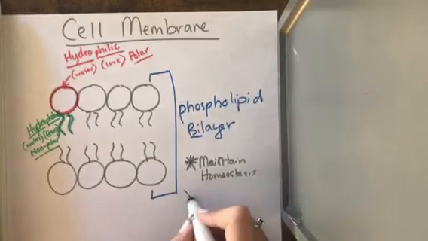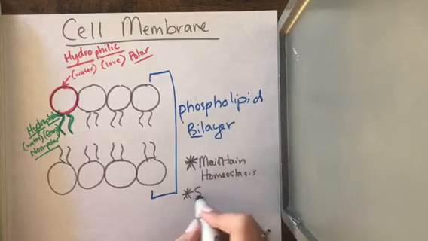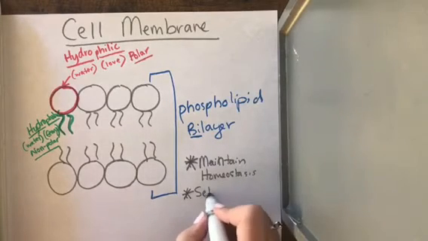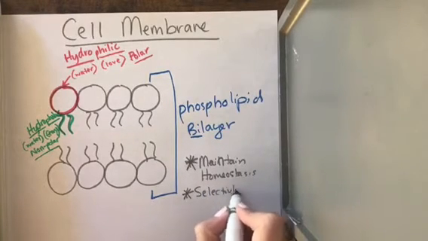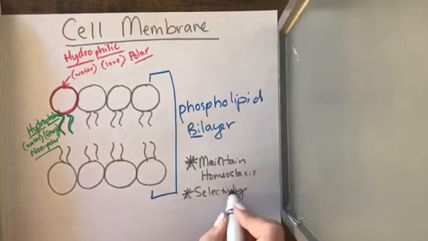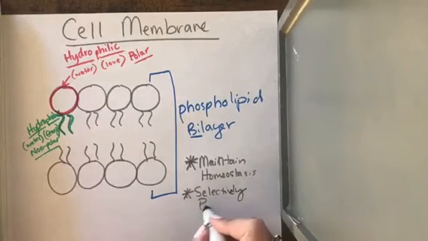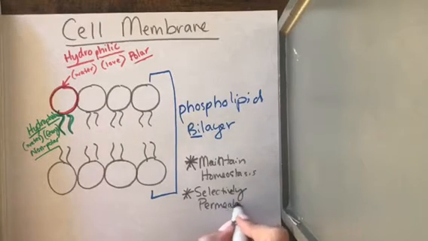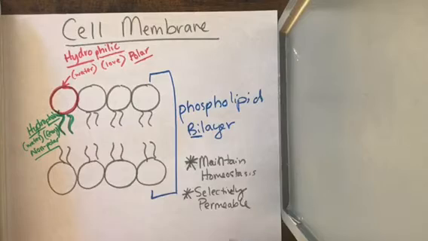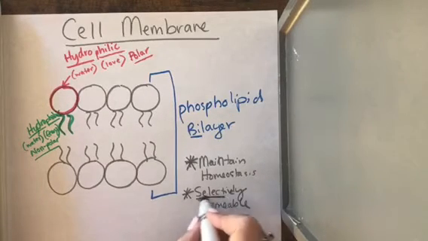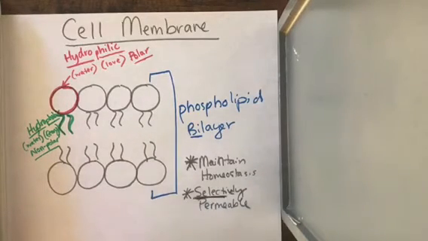Okay, the cell membrane also is selectively permeable. This means that it is going to select what can go in and out of that cell. So not everything can just go in or out whenever it feels like it. Okay, the cell membrane is very selective. So it is selectively permeable.